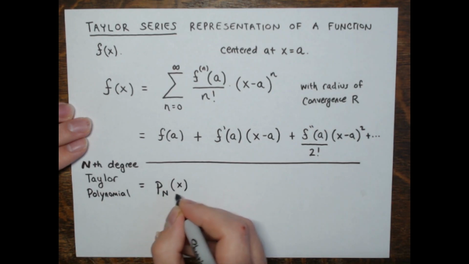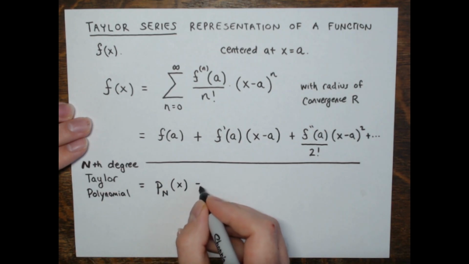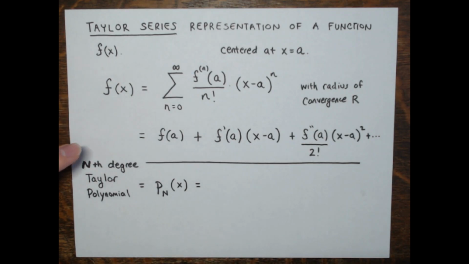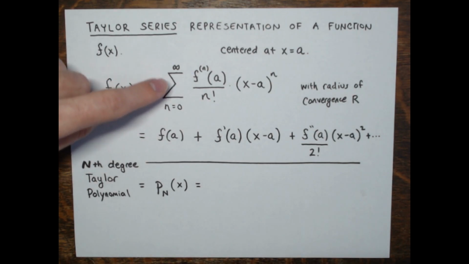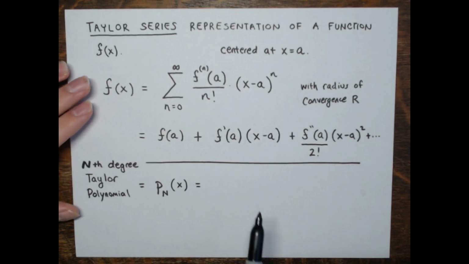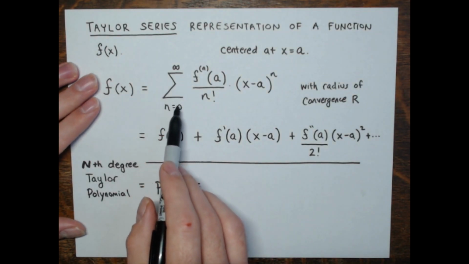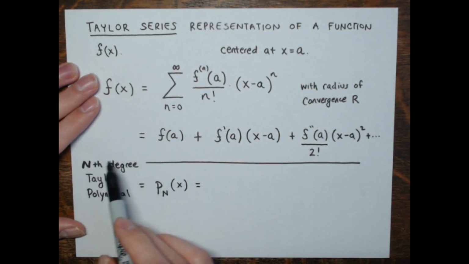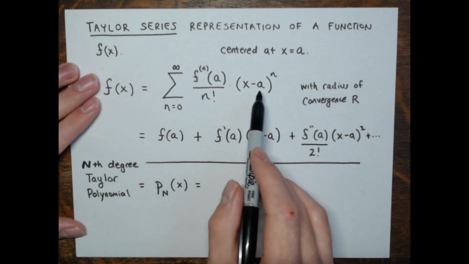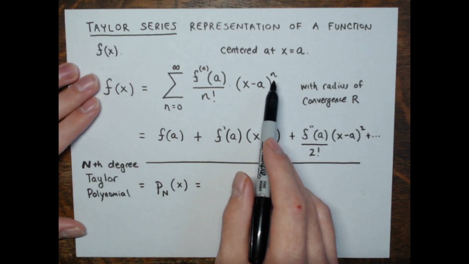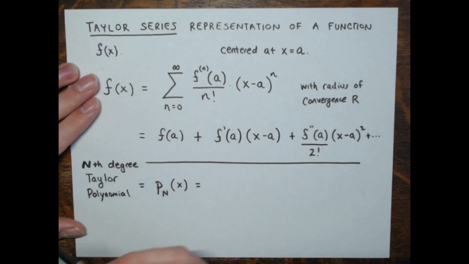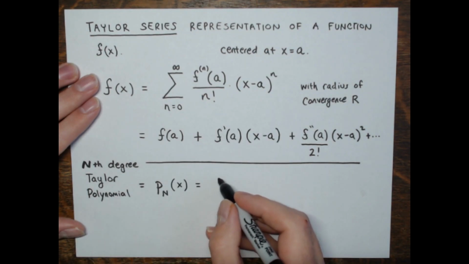Of x. It's going to be some polynomial function, and all it is, instead of doing the infinite series, the whole thing, we just go up to capital N. We go out until we get x minus a to the capital N power, and we'll have some sort of nth degree, capital nth degree polynomial.